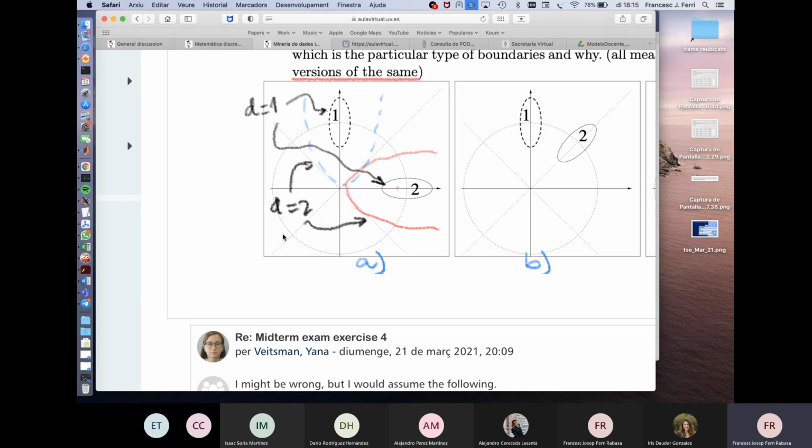Let's delete this. Somewhere around here, we have something perhaps like this, in such a way that these points must belong to class 1.